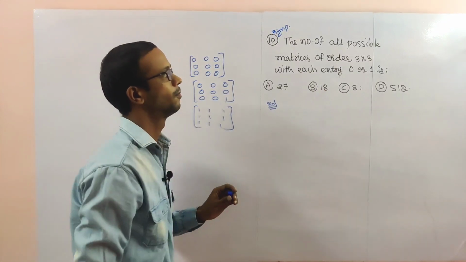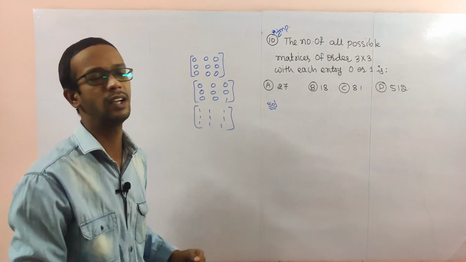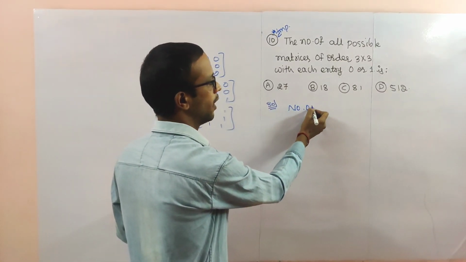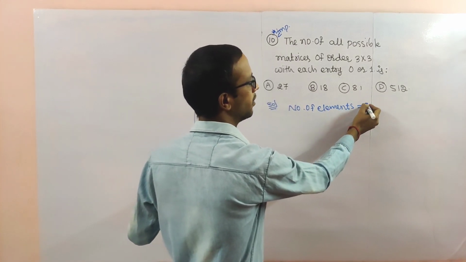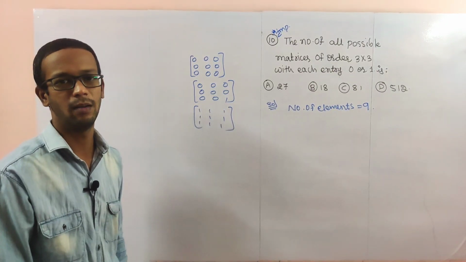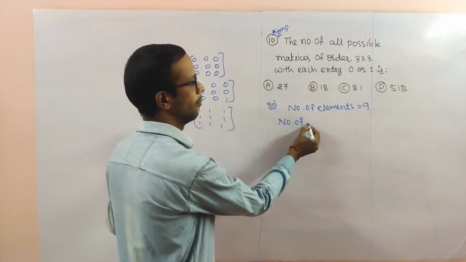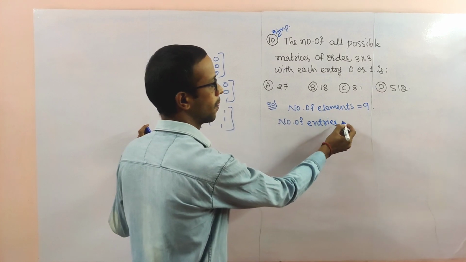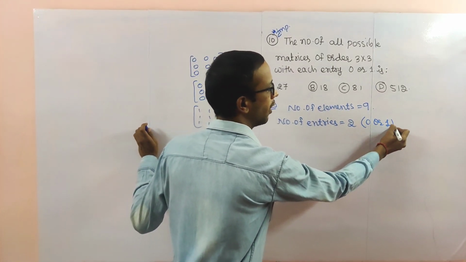So first of all, a 3 by 3 matrix is there. How many elements will be there in a 3 by 3 matrix? We have to find the number of elements first. The number of elements is 9. 3 into 3 is 9 elements. So the number of entries: there are 2 entries, either 0 or 1.